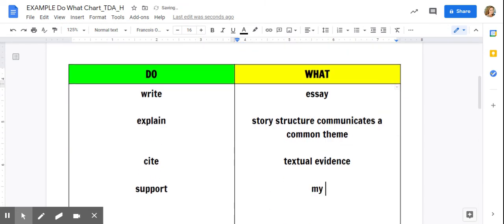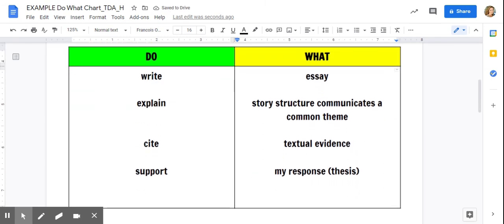So we'll put my response. And what that means is it's going to support your thesis. Okay, so go ahead and put thesis, even though that's not in the prompt. I want you to know what that means. So all of this evidence you're going to find, all of it has to go back and support your thesis. And don't worry if you don't know what a thesis is. I'm going to get to that in the next video.